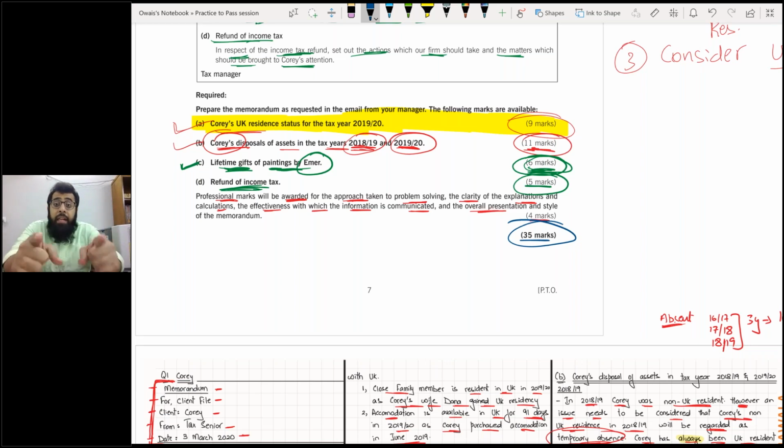You feel that, oh, I forgot CGT, I forgot basic income tax, and you go again and start doing revision. Please don't do this. Do a one-time thorough revision.